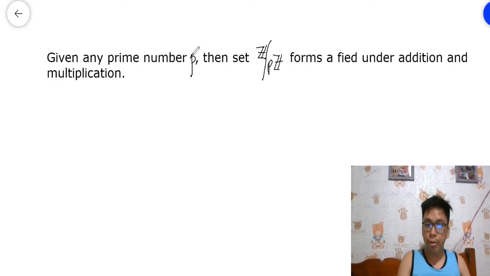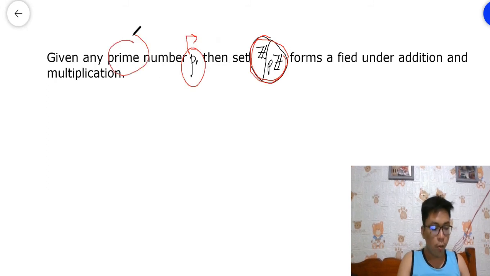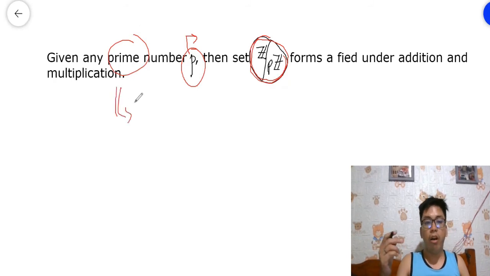Given any prime number p, the set Z mod pZ forms a field under addition and multiplication. Meaning, for us to make sure that Z mod pZ is a field under addition and multiplication, p has to be prime here. Everything here follows the axioms of a field.